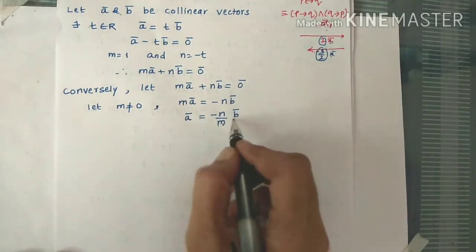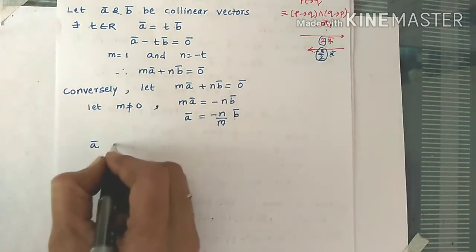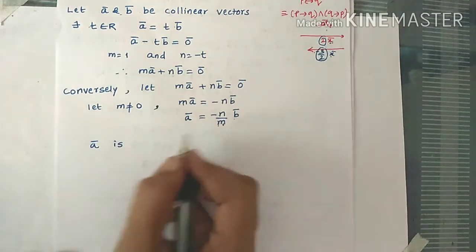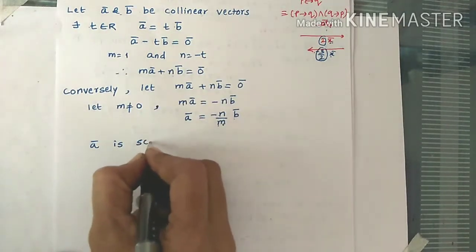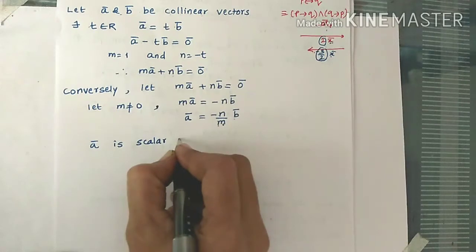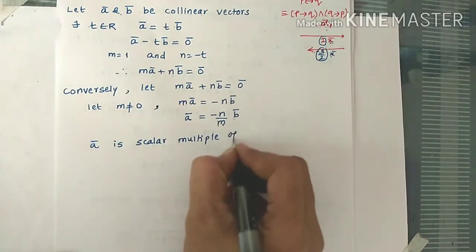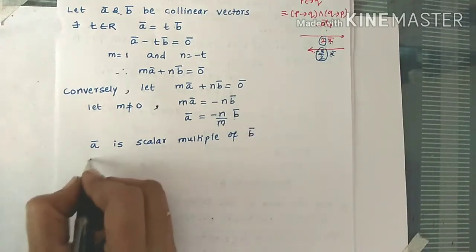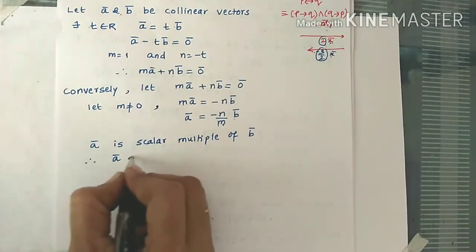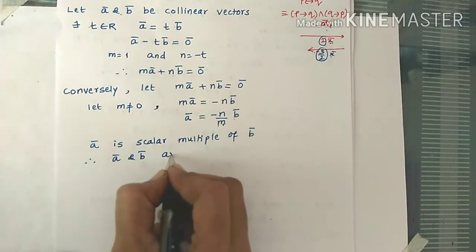This is possible only when they are collinear. Therefore, these two vectors a bar and b bar are collinear.